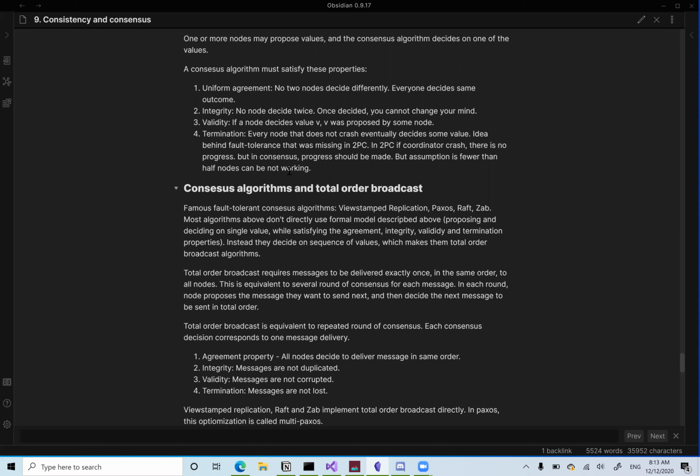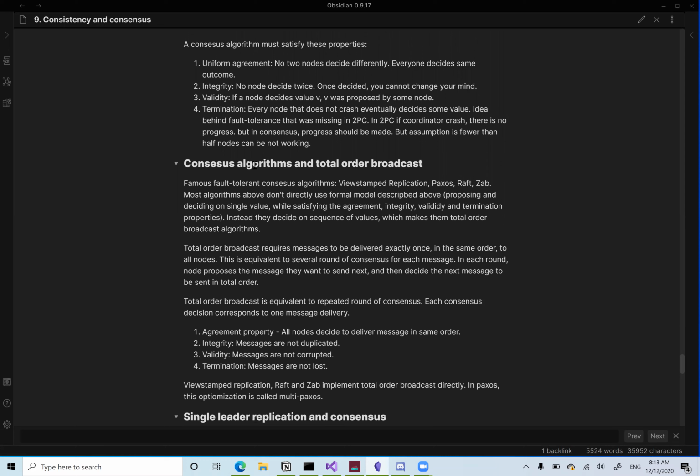That's why we saw that two-phase commit is not fault tolerant: if one of the nodes is not available in the system, then the value will not be committed, and the system will not be able to commit any further values. But in fault tolerant consensus, we need votes from only a majority of the nodes. So even if some of the nodes are down, we can still reach a decision, right?